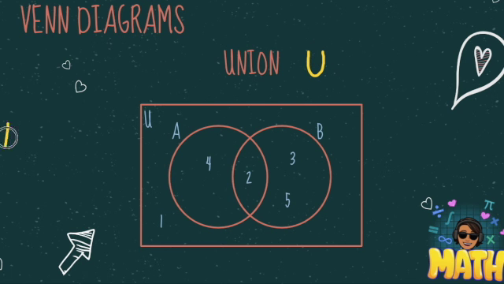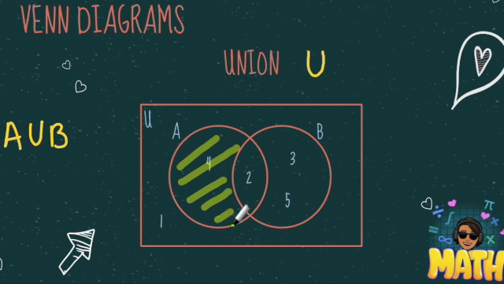Like, for example, A united B, or the union between A and B. The elements that belong to it are all the elements that belong only to A, all the elements that belong only to B, and the elements that belong to both of them, okay?